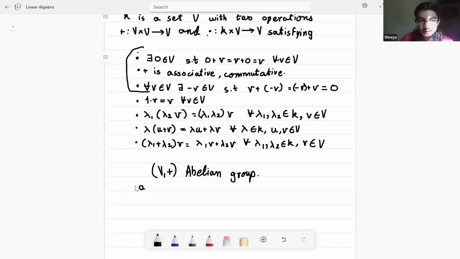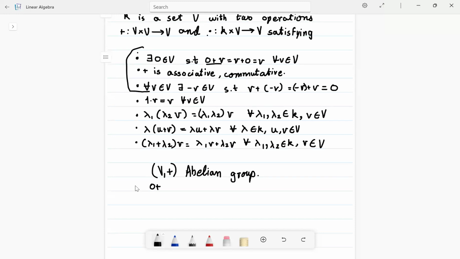You have a notion of multiplication, a times b, and then you need to have an identity element. Usually for groups you say multiplication, but here you have some identity 0, and abelian just means that it's commutative. In usual groups you don't have commutativity. Okay.